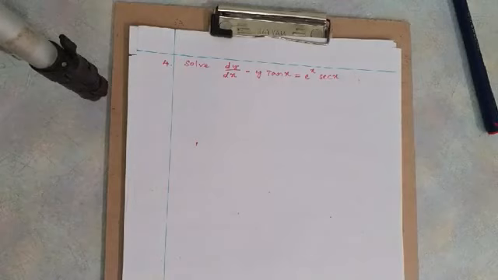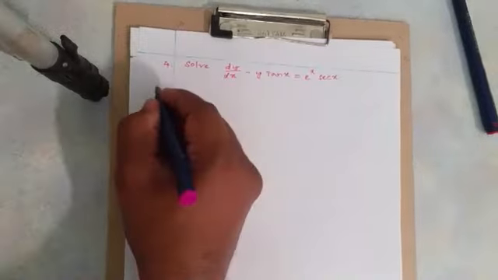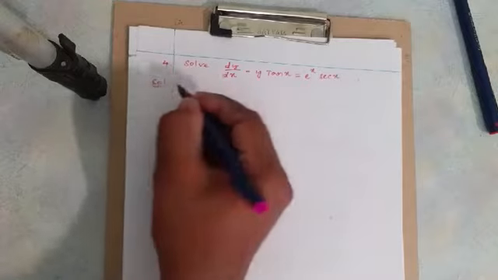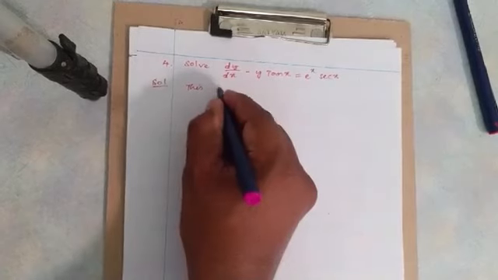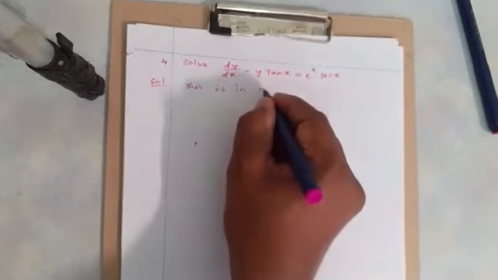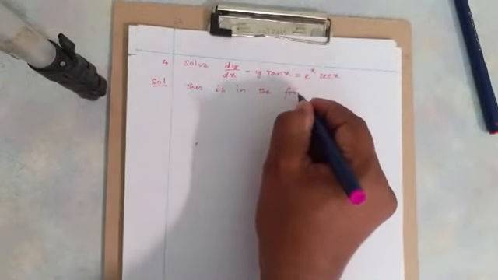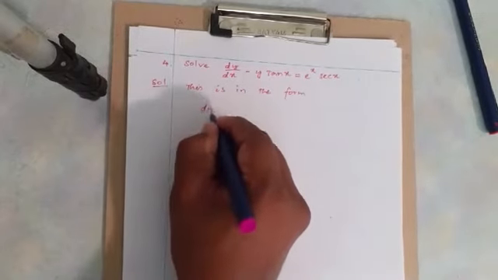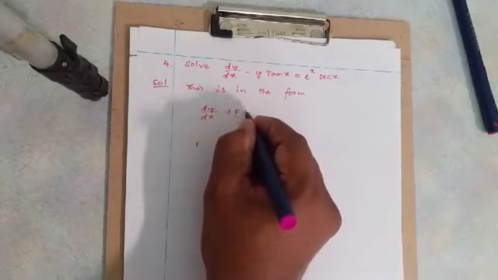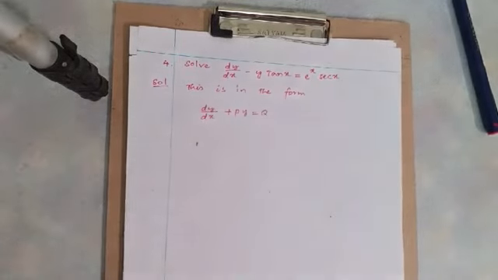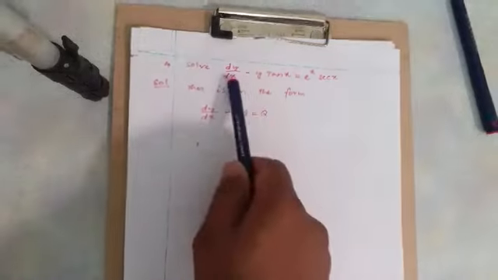Now when you start doing, first we have to see in what form the problem is given. You can observe this is a problem from linear differential equation. So we write here this is in the form dy by dx plus Py is equal to Q. You can see this is dy by dx.